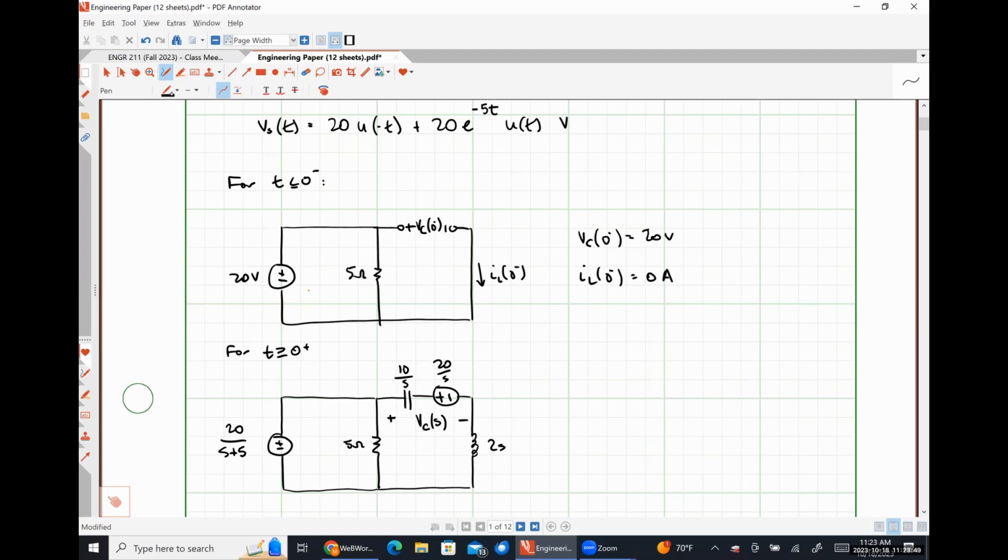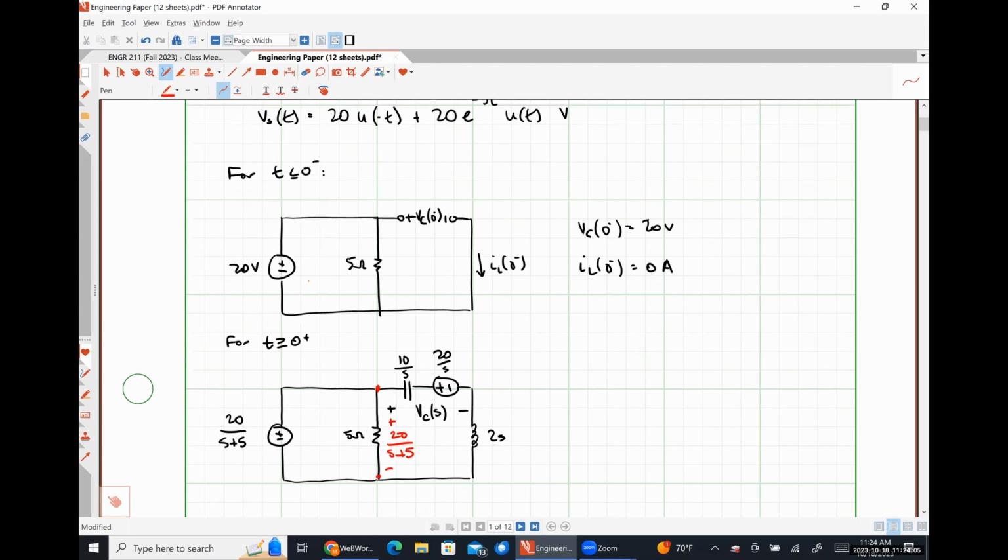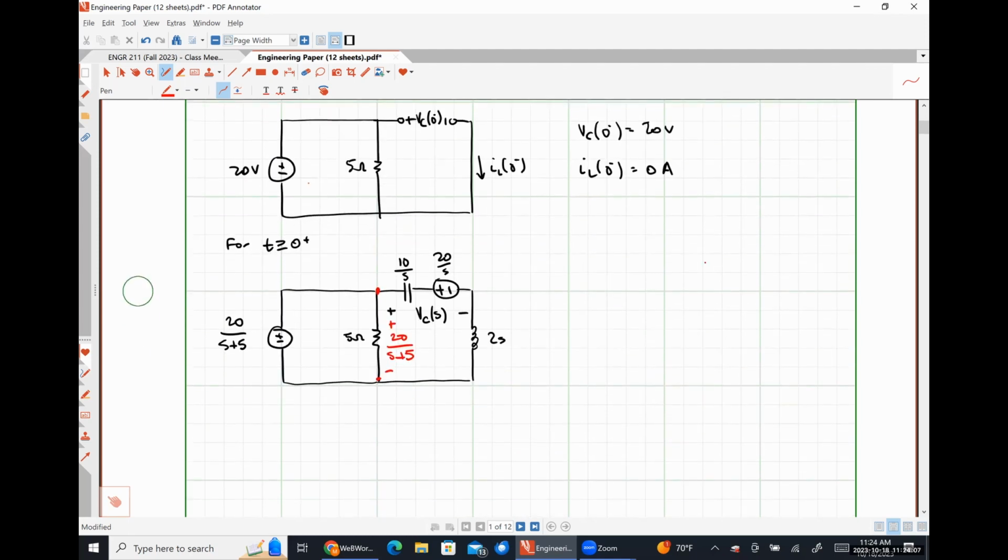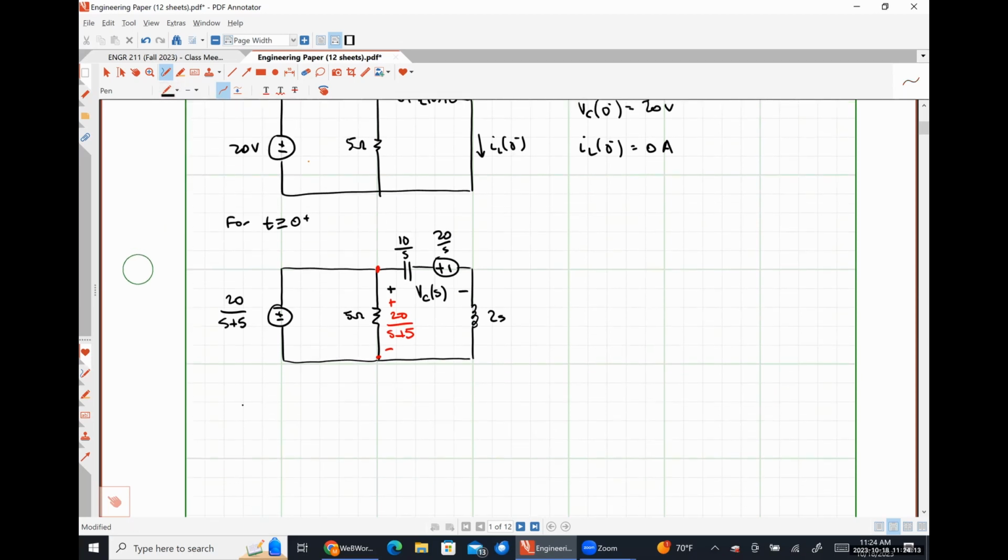So I'm just going to recognize, thank you for catching that mistake, that the potential difference between here and here is just 20 over S plus 5, right? So applying Kirchhoff's voltage law, we would have negative 20 over S plus 5.